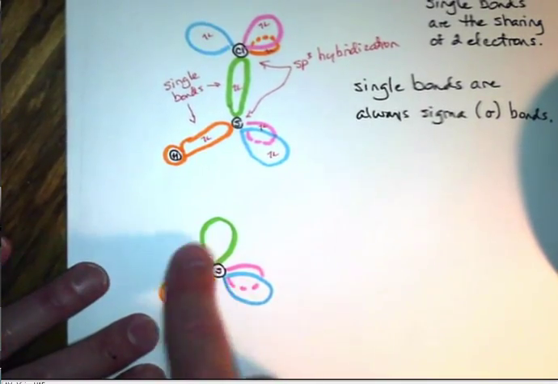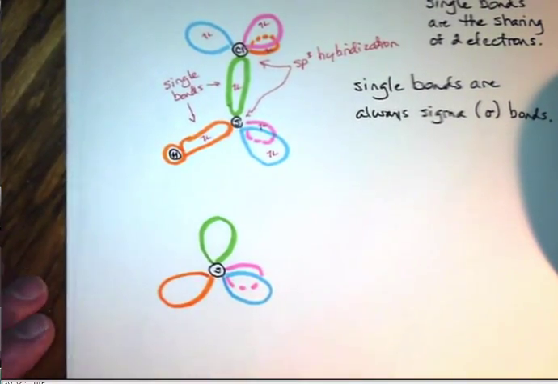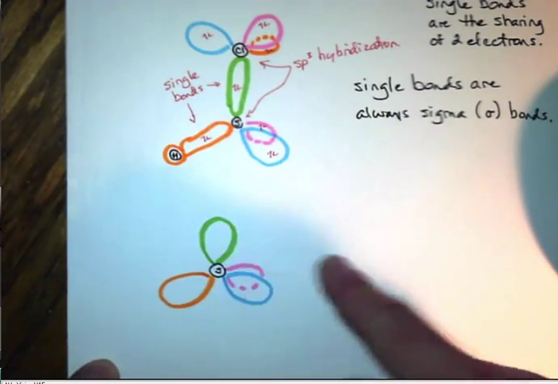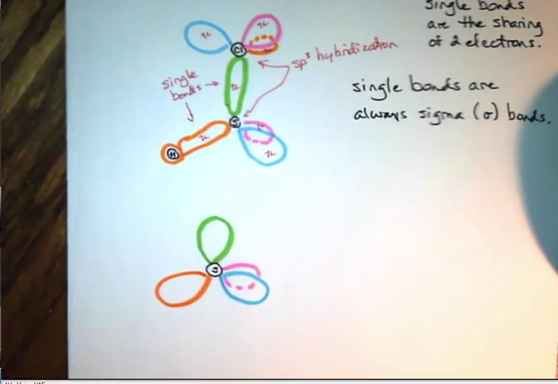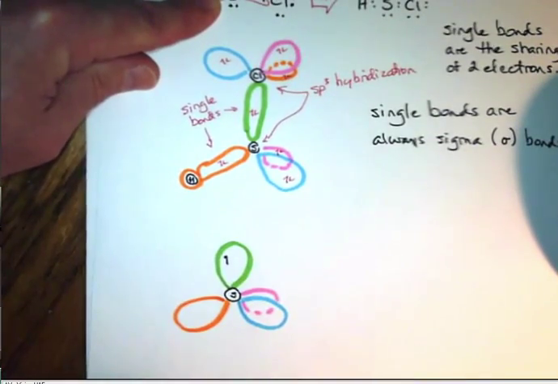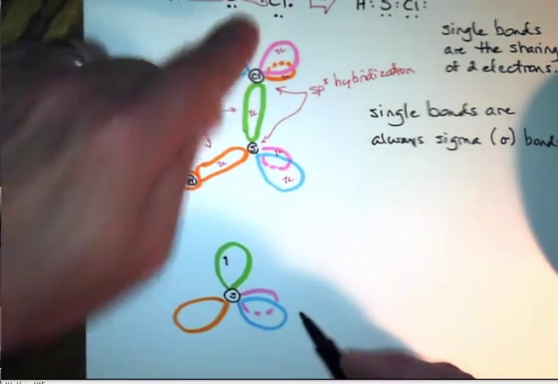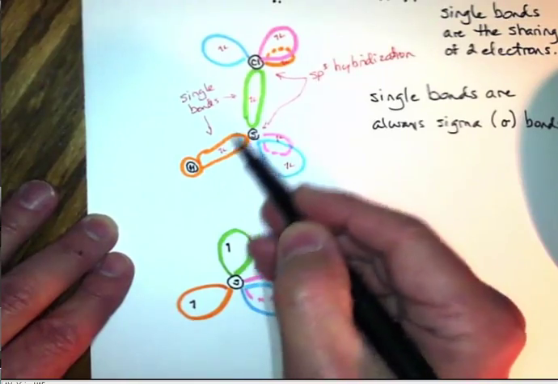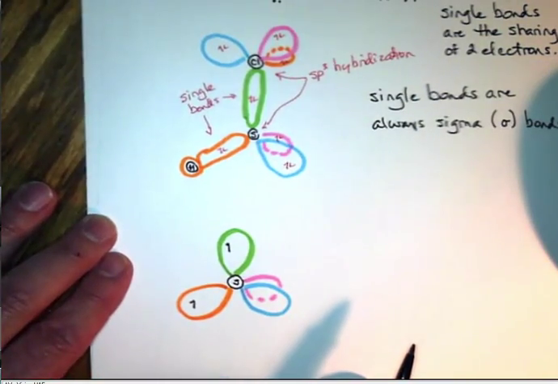So you've got four single balloon sort of shapes, equally spaced. 109.5 degrees is the angle between the axes of each of these balloons. In order to bond, you take the one electron in one of the sulfur orbitals and one electron in another sulfur valence orbital, and you share those to make this wiener-shaped bond.